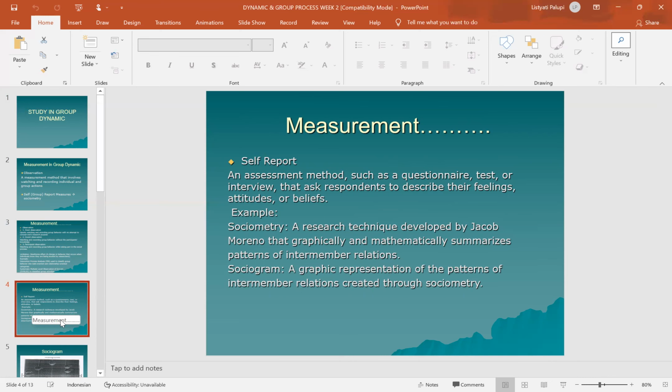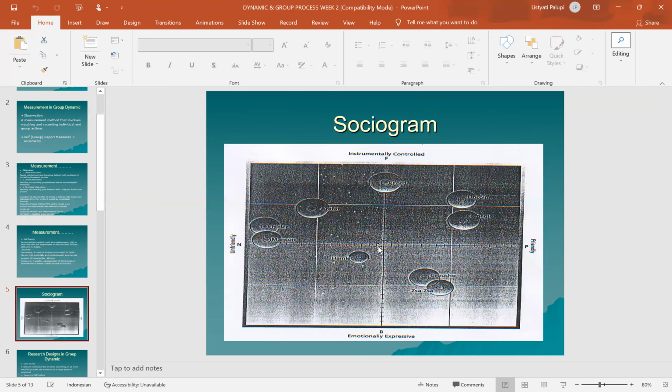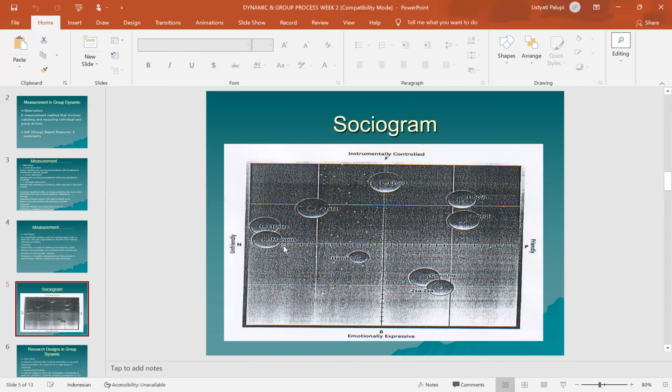Okay, this is an example of a sociogram. You can see here that it shows the patterns of relationships between one member and another. You can see that Manson and Hitler have a close relationship compared to Manson and Arafat.